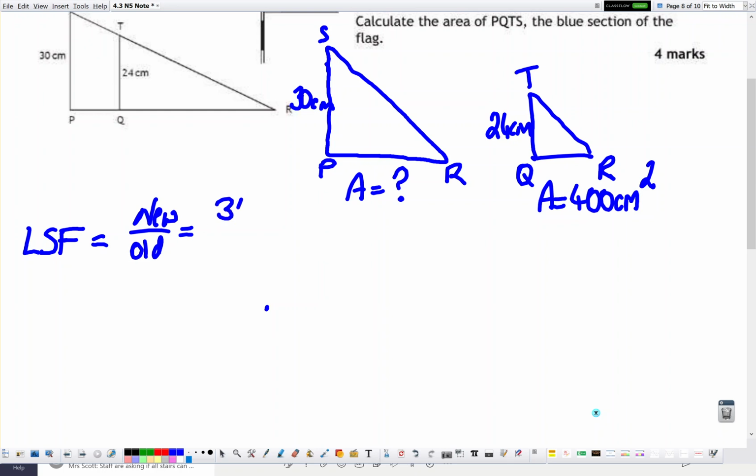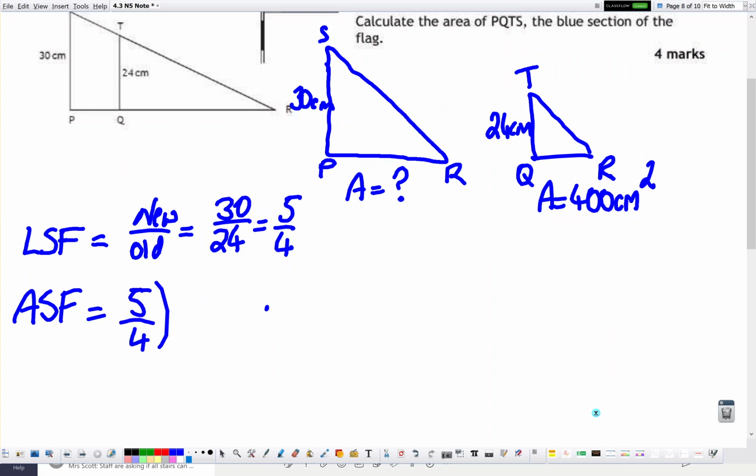So 30 centimetres over 24. We simplify that fraction by dividing everything by 6, so that's 5 over 4. Now, this is an area question, therefore we need the area scale factor next. Area scale factor is the length scale factor squared. Remember from our lesson on area, you have the choice.